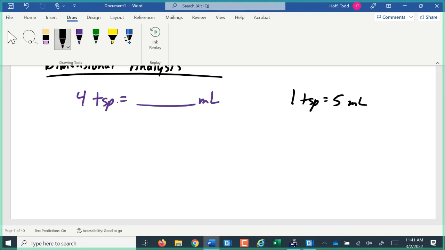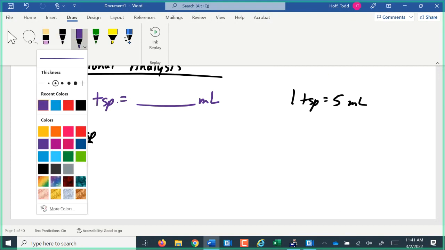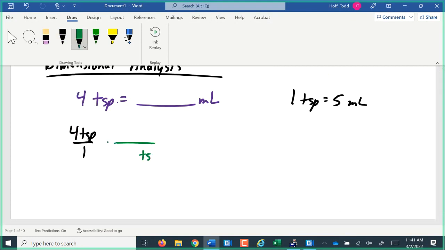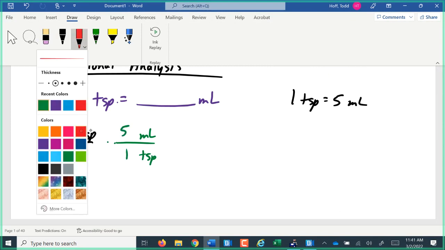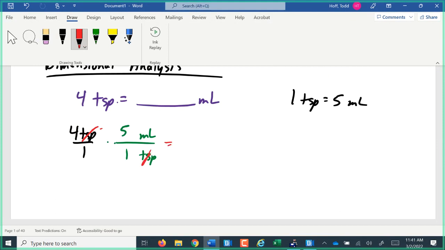And we can then do that equivalency. 4 teaspoons over 1, teaspoons on bottom, milliliters on top, and we can complete our calculation from there. 4 teaspoons ends up being 20 milliliters. 1 teaspoon, 5 milliliters, cancels out. On top, 4 times 5 milliliters is 20 milliliters. On bottom, 1 times 1 is 1.